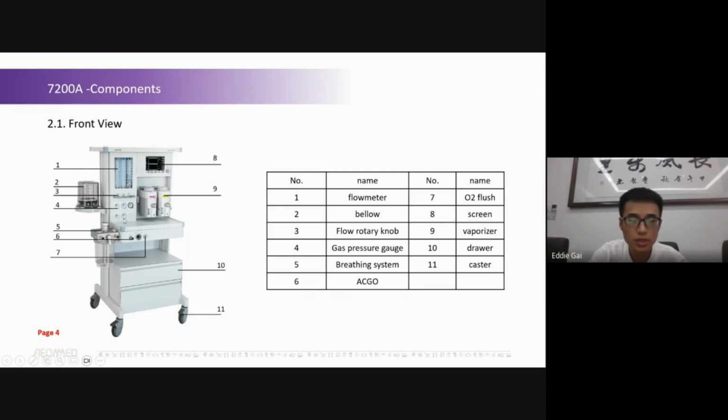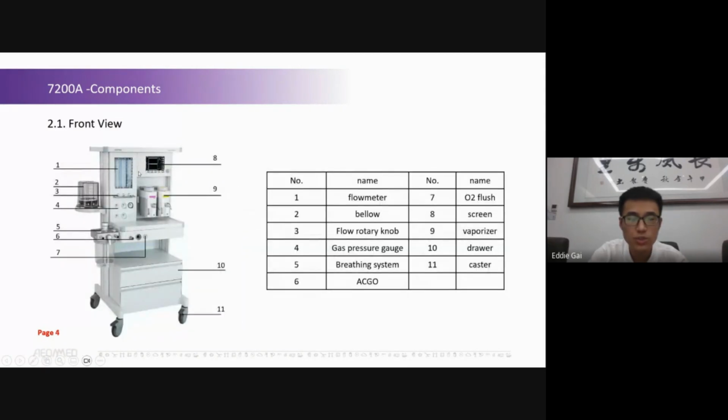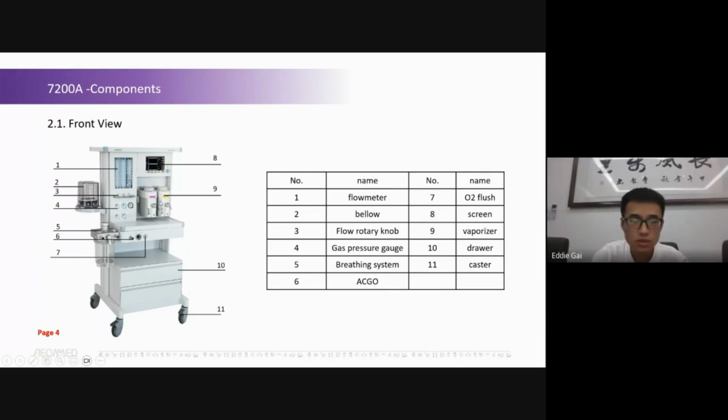Number 4 is the pressure gauge of the gas source. We have the 10-inch touch screen. Number 9 is the vaporizer. We have 2 positions for vaporizers, and we can provide vaporizers for isoflurane, sevoflurane, enflurane, and halothane.